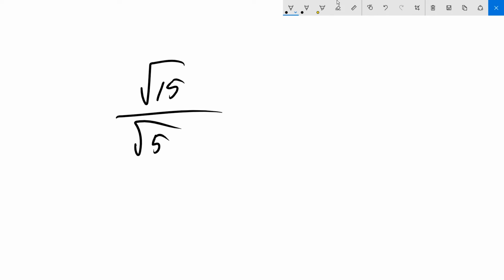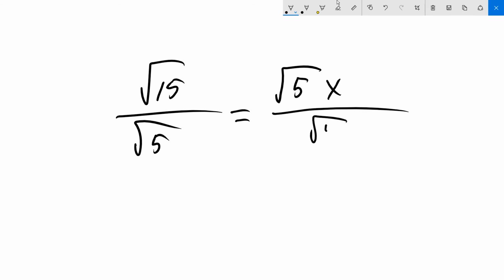Okay, what if you had something a little bit more complex? Let's say we had, let's pull out some numbers, root 15 over root 5. Will this work? Yeah, I guess it will work. Okay, so what do we do? Well, we have to try and simplify root 15, but 15 doesn't have any perfect squares in it, so we're just going to have to split it out to be somehow root 5 times something over root 5.